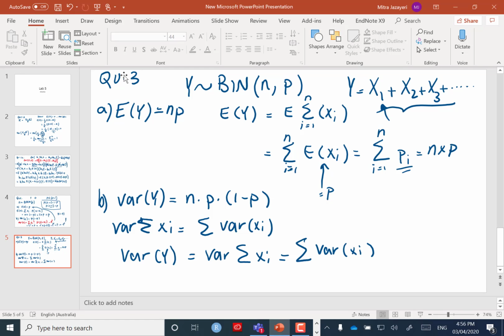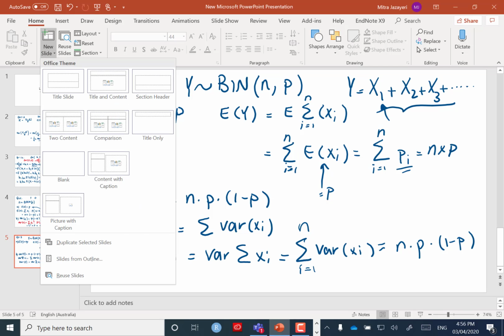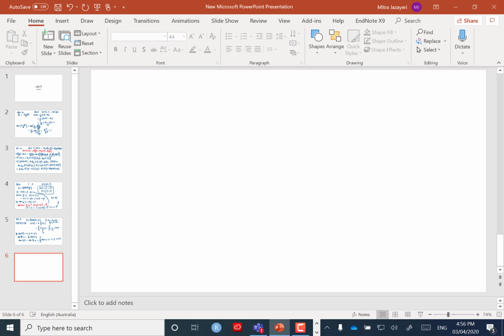Okay, so let's do question 3, part C. Suppose that n is equal to 10 and the probability of success is equal to 0.2. Part 1 says, what is the expectation of Y?